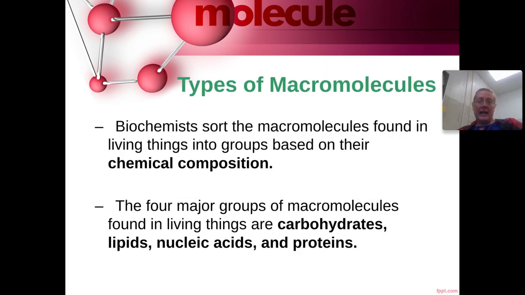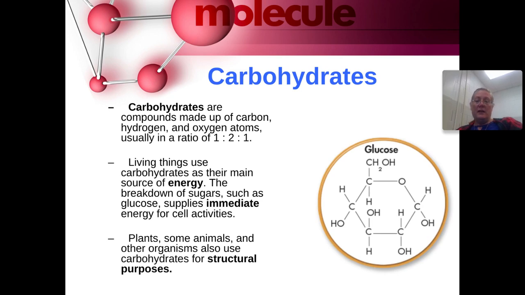Okay, so the types of macromolecules. They group them based on their chemical composition, and we have alluded to these macromolecules many times by now. We have the carbohydrates, the lipids, the nucleic acids, and the proteins. First off, the carbohydrates. Carbohydrates are made of carbon, hydrogen, and oxygen, usually in the ratio of 1 to 2 to 1.